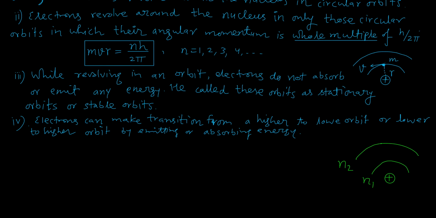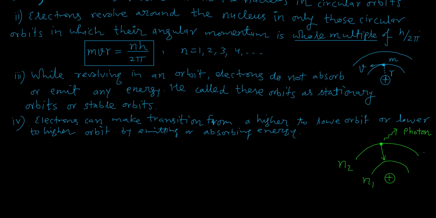Suppose an electron which was revolving originally in n2 level is coming to the lower energy level n1. When it is coming from higher energy level to lower energy level, it will radiate energy, it will emit energy in energy packets, those we call photons. So it will emit energy in the form of photons, and each photon has a characteristic wavelength or frequency.